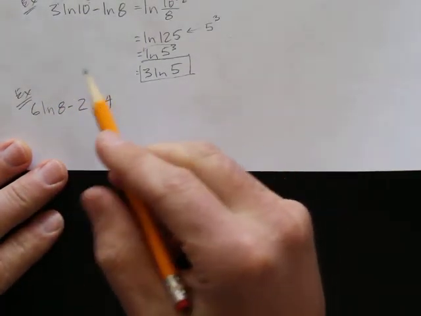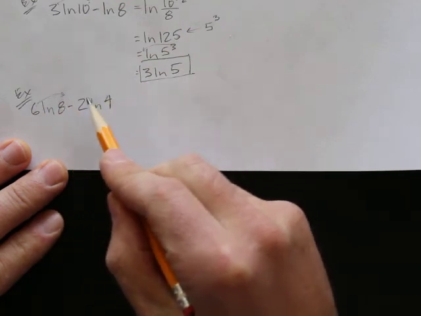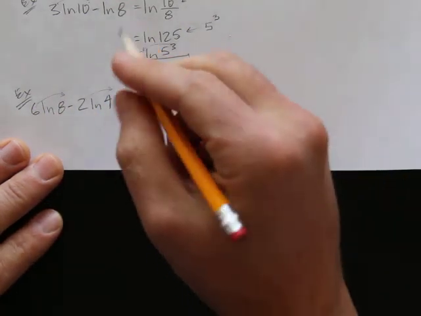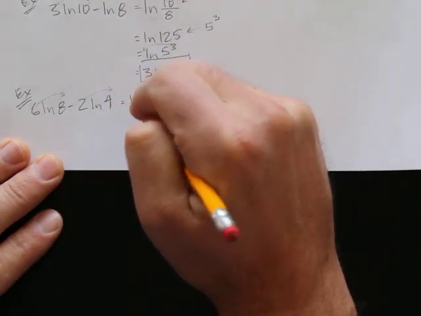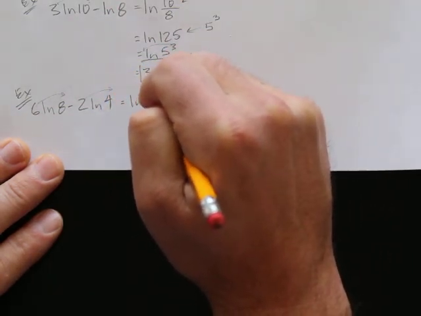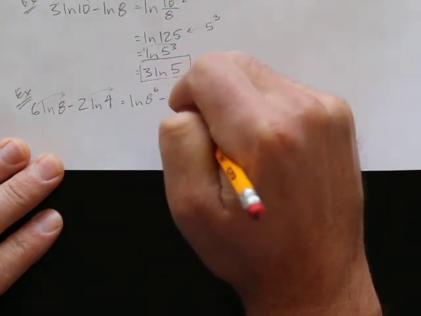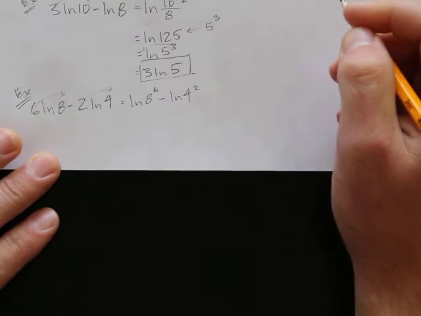So let's start, though, with bringing the 6 up here and bringing the 2 up here. So we've got natural log of 8 to the 6th power minus natural log of 4 to the 2nd power.